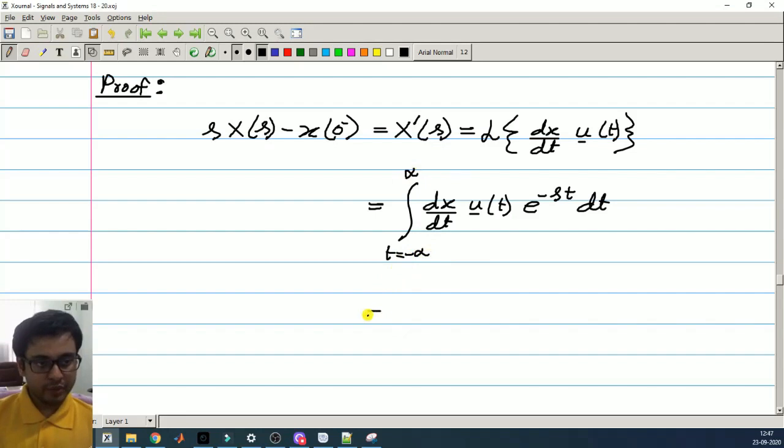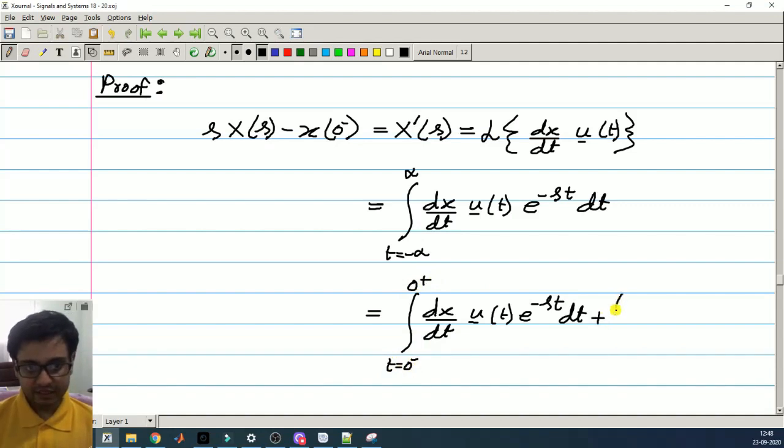Now this you may write as the integration of this thing, dx dt u e to the power minus st dt, starting from time 0 minus to 0 plus, plus the integration from 0 plus to infinity of the same thing.